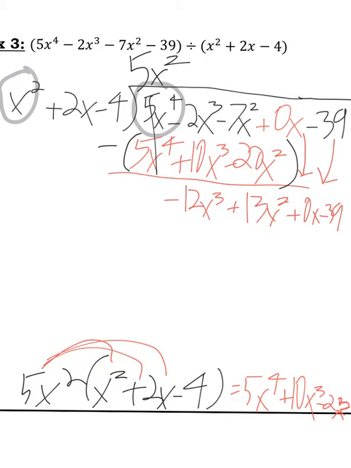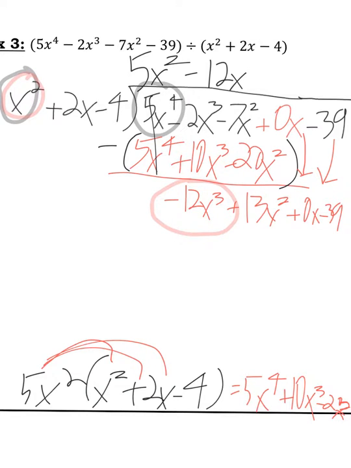Okay, what we're going to look at now is I have a minus 12x to the third and I have an x squared. So what's negative 12x to the third divided by x squared? I know it's going to be negative 12x, because negative 12 times x squared is negative 12x squared, and negative 12 times x makes it x to the third.